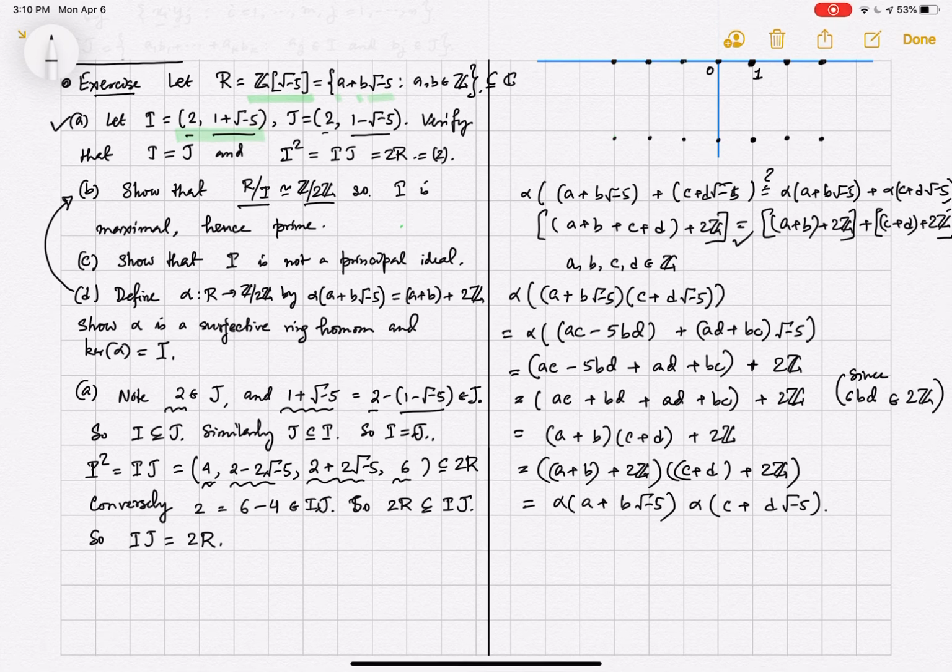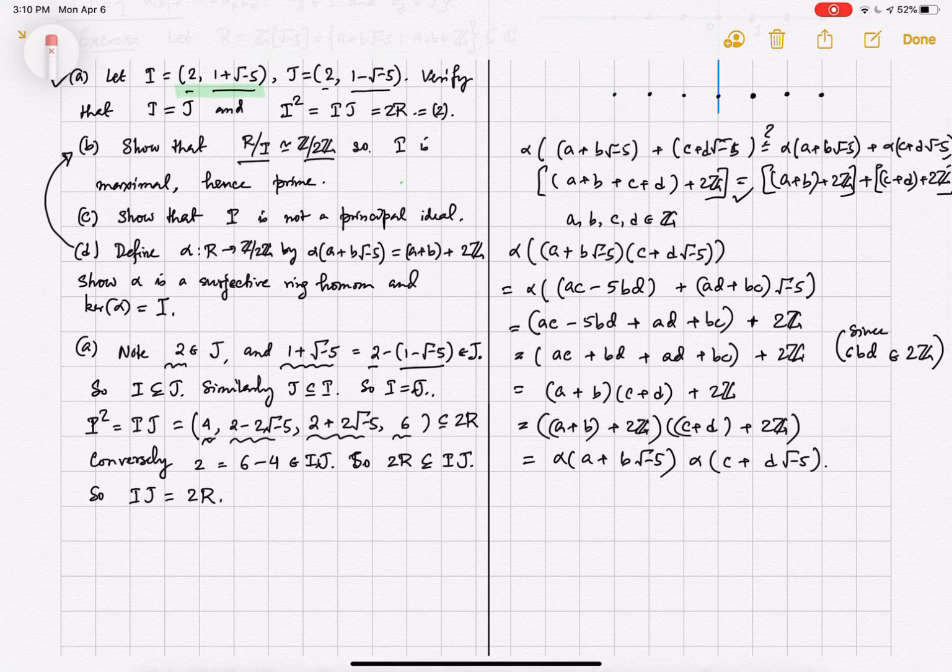It's surjective, that's clear. You just take 1, it maps to 1, and Z mod 2Z has only two things, 0 and 1. The kernel has to be I. So what's the kernel? The kernel consists of, by definition, all these guys in R such that a plus b is 0 mod 2.